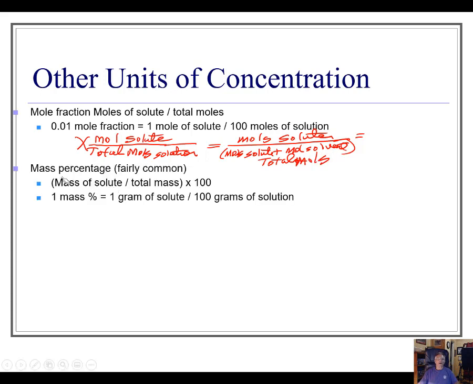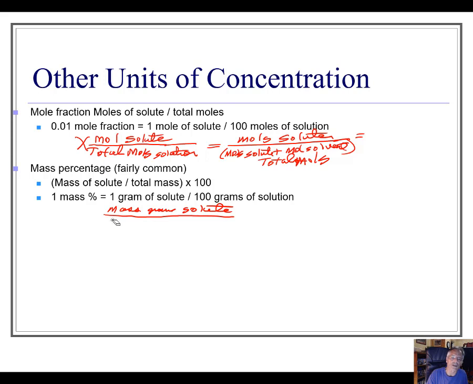Mass percentage is just the mass of the solute divided by the total mass of the solution. To get it into percent, you just multiply times 100. And so you have the same sort of problem with mass percentage that you do with the mole fraction, in that you need the mass in grams, typically, mass in grams of solute divided by the total mass of the solution.